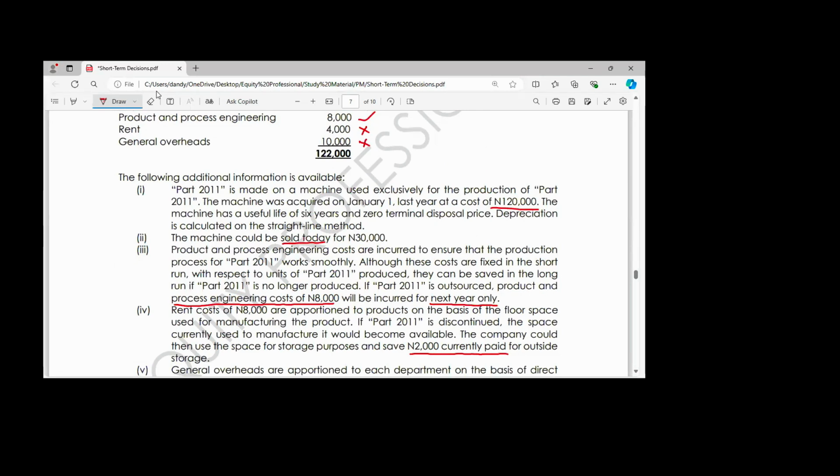Let me stop sharing this, so that in our next class, we just go straight to acceptance or rejection of a special order. Let me quickly open it.